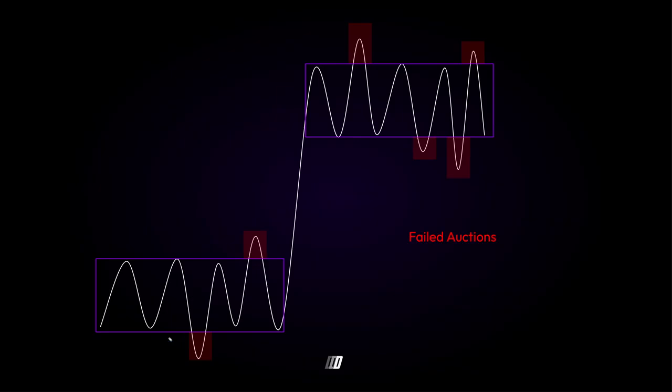Could happen on the other side, right? All of these buyers are considering these prices to be fair enough to push price higher. And if sellers do the same thing and they try and auction lower, well, you could expect the same buyers that bought here, well, now they're going to consider these prices even cheaper.